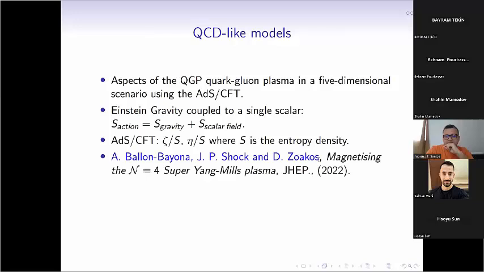This description can be done using a gravity action plus an action with a scalar field, where with these ingredients it is possible to mimic QCD-like models, for example.